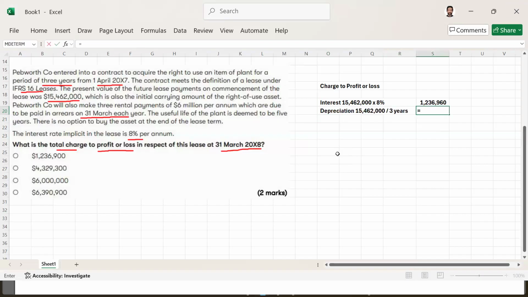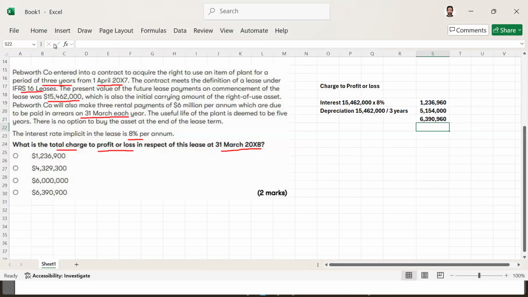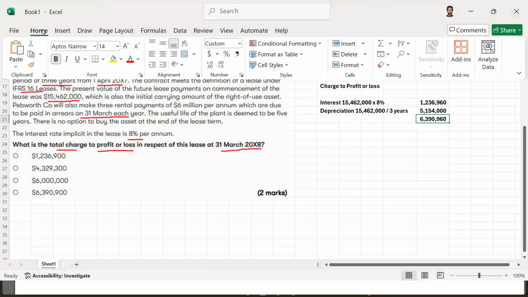We take 15462,000 divided by 3. That is the depreciation charge. We sum up these values and we have the total charge. So the answer would be D 6390. So that is quite straightforward.